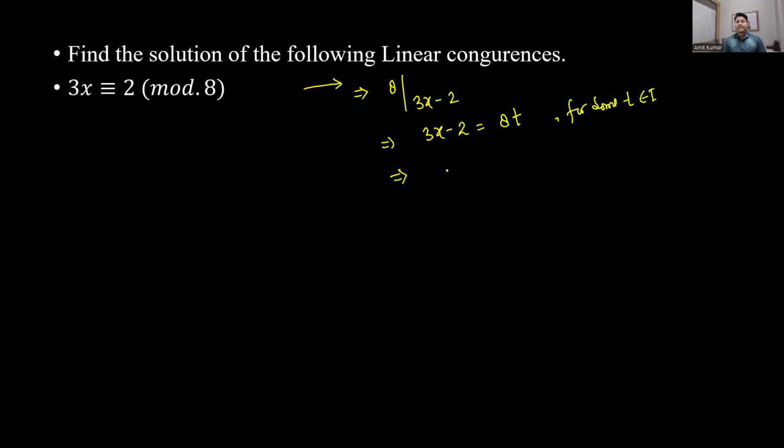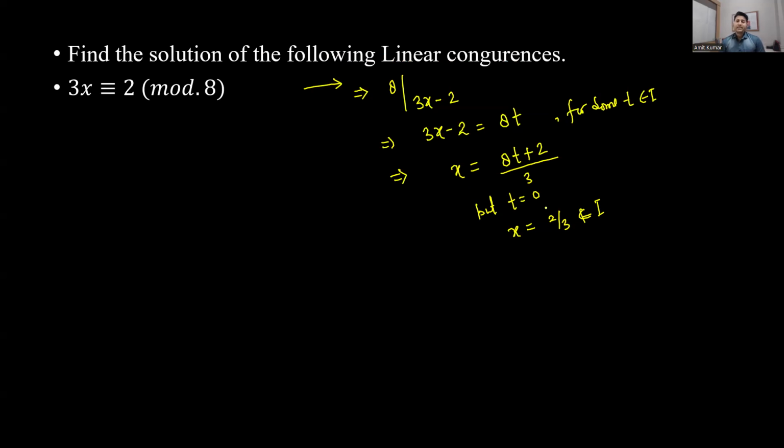So from here I can get the value of x, which is (8 times t plus 2) upon 3. Now I'm supposed to put values of t in this equation so that x comes out as an integer. What happens if I put t equal to 0? x comes out as 2 upon 3, which is not an integer, so we can't consider this as a solution.